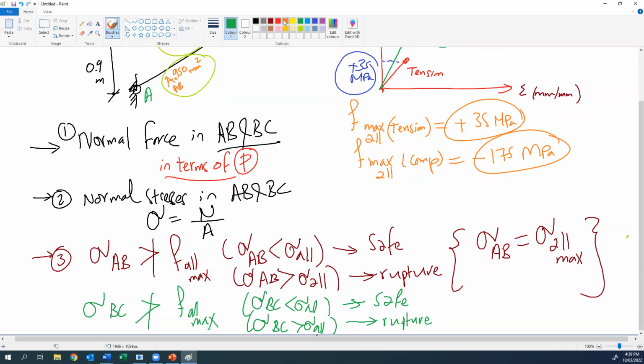Okay, so we have two conditions here. Sigma AB should be equal to sigma allowable max, and sigma BC should be equal to sigma allowable max. From sigma AB and sigma BC, we can find the value of the unknown B.